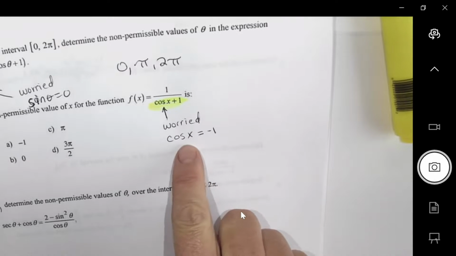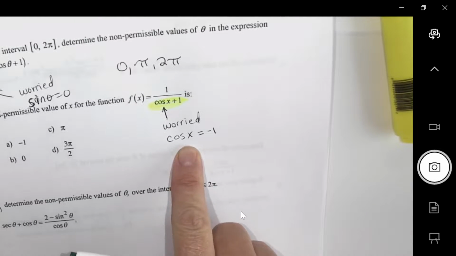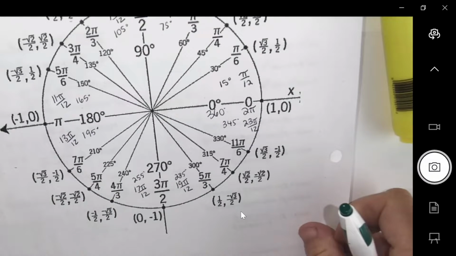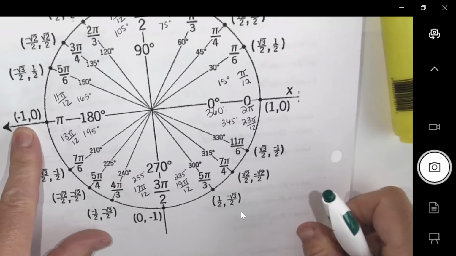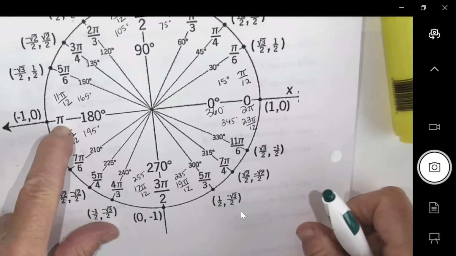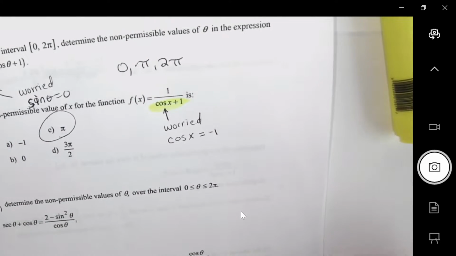Can anybody find a spot on your unit circle that has an x value of -1? So the answer is pi.